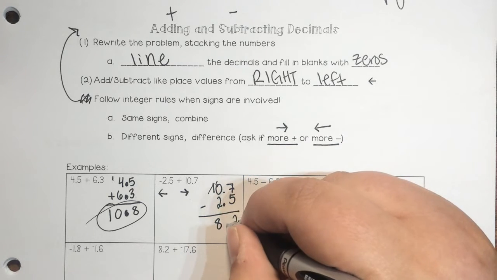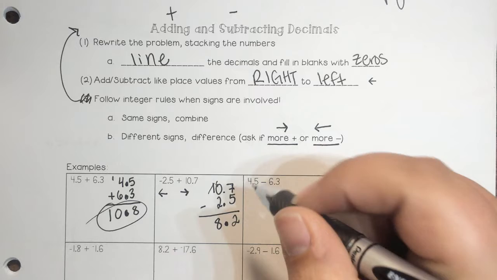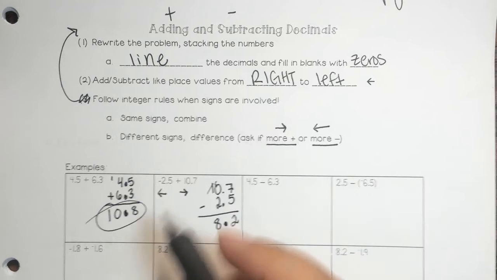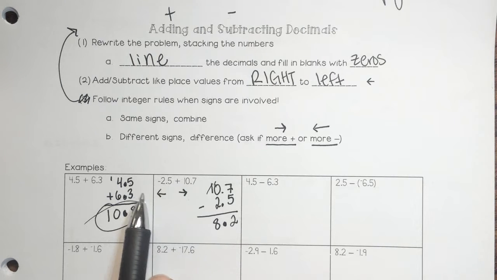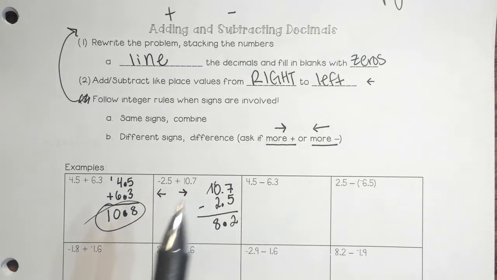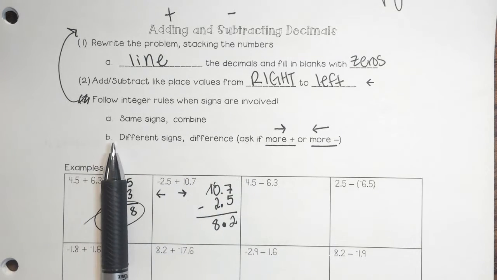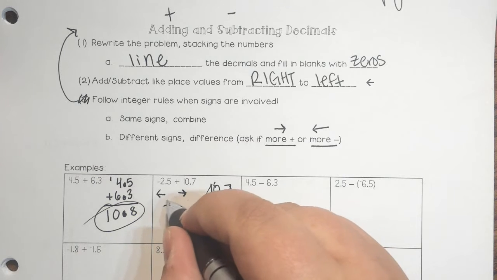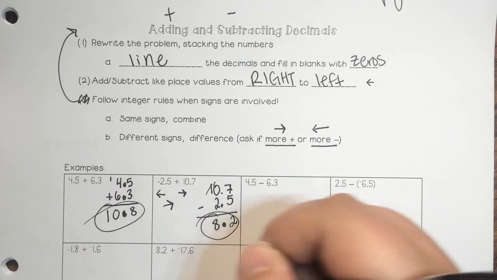Okay, and then our decimal goes between 8 and 2. So 8.2 is the number for our difference there, but now we need to know which sign it is going to have. The 2.5 was going to the left, and the 10.7 was going right. So if we're going left 2 times and right 10 times, the final direction would be going to the right, which means this is a positive 8.2.